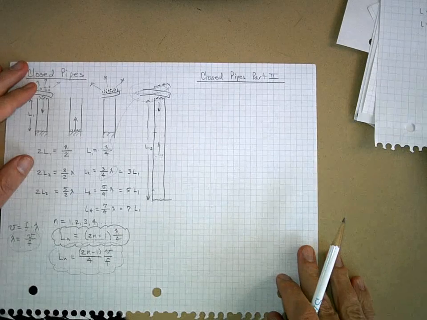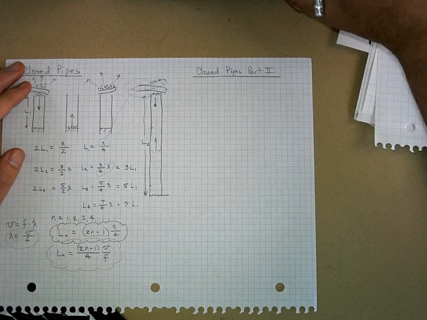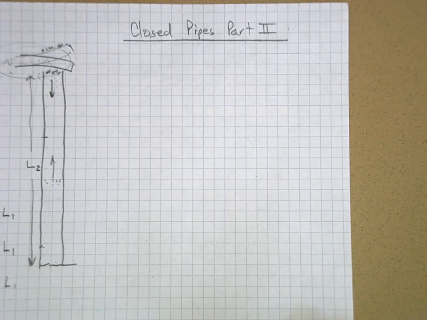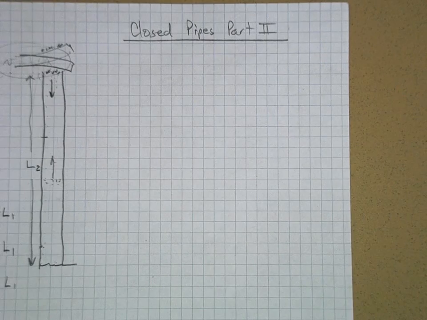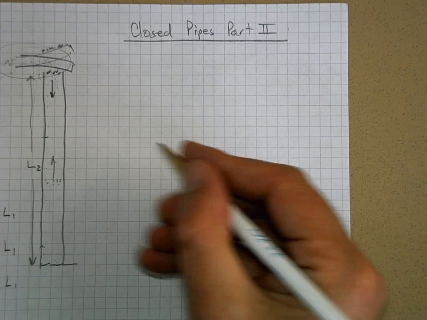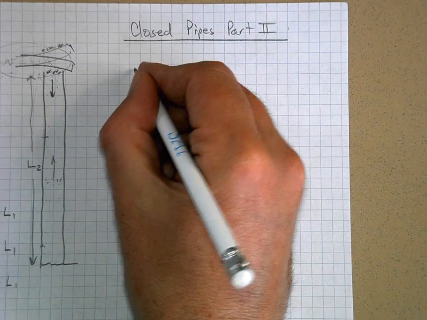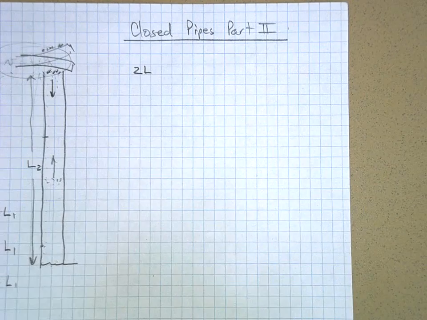So what we want to know is, if I hold the length of pipe fixed, what are the different frequencies that will resonate in that pipe? Let me go ahead and zoom in here. We have the same situation. We have twice the length of the pipe.